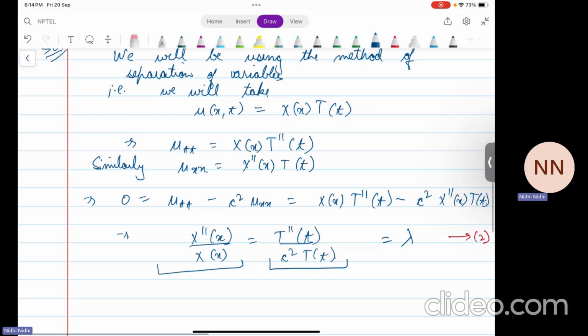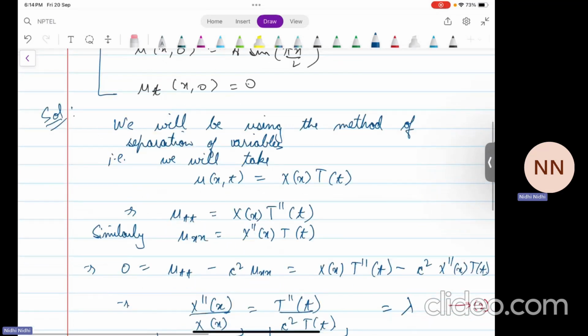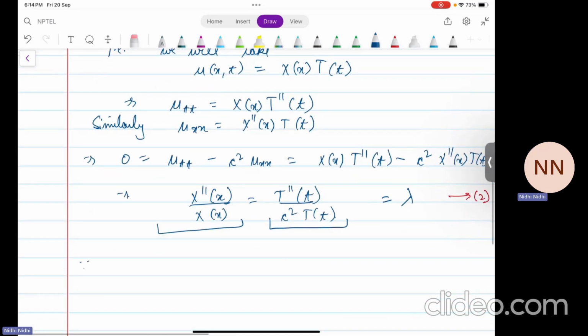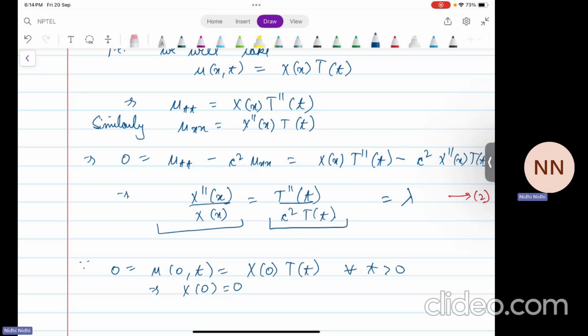Also, we had some boundary conditions. Since 0 is equal to u at 0 comma t. Now what is u at 0 comma t? It is X(0) T(t). For every t positive, this implies X(0) must be 0, because this is a function, this is a constant, and the product is equal to 0.